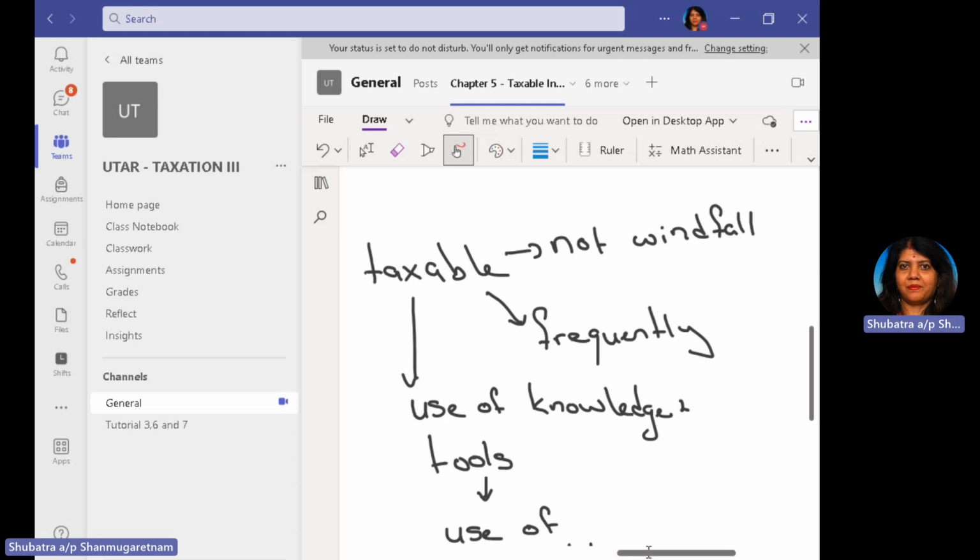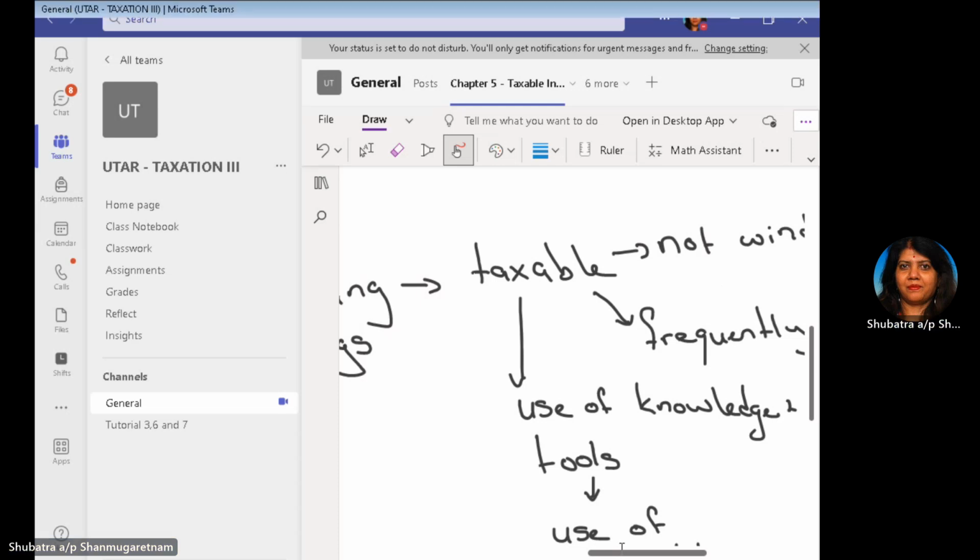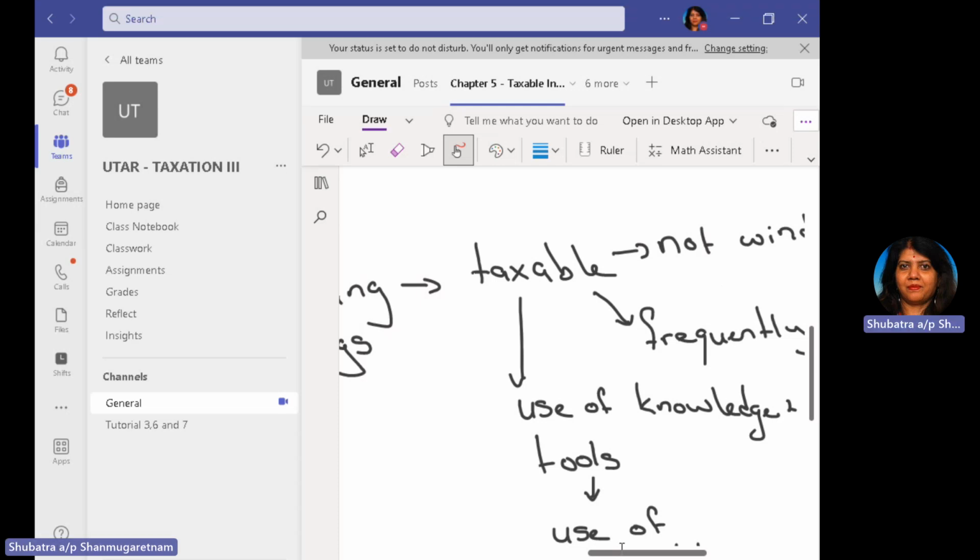Now, if it's done frequently, I'll give you an example. Say I'm a lecturer, I finish work at 5. At 5:30 every day, I drive up to Genting. Not for the food, not for the theme park, but to the casino. I gamble in the casino, and guys, this is just an example, okay?